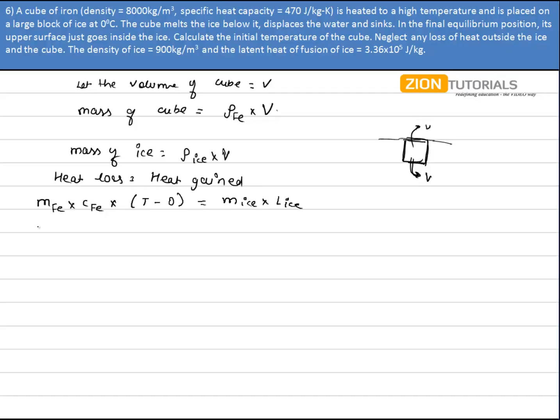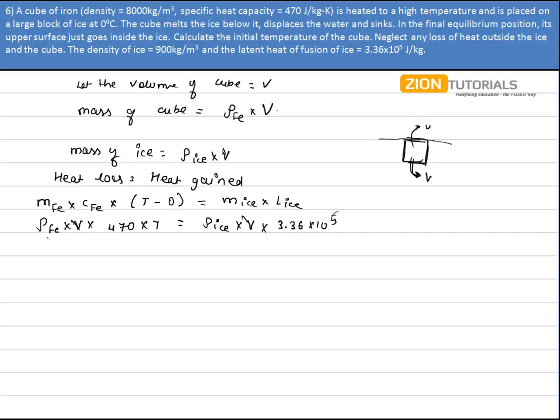So I have m of Fe as rho Fe into V, into specific heat of iron as 470, into T, is equal to mass of ice, which is rho of ice into volume, into latent heat of ice, that is given to me as 3.36 into 10 to the power 5. So V is cancelled from both sides.